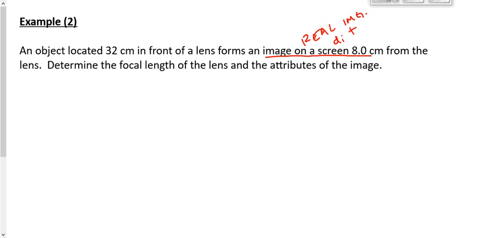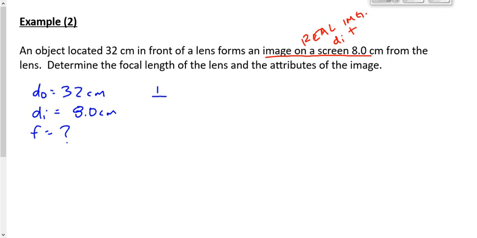What's the focal length? And again, the attributes of the characteristics here. Let's write down some givens. We're going to say that the object distance is 32 centimeters. It's always positive. The image distance here is positive 8.0 centimeters. If it was a virtual image, then we would have made that negative 8. We want to find the focal length and the attributes.